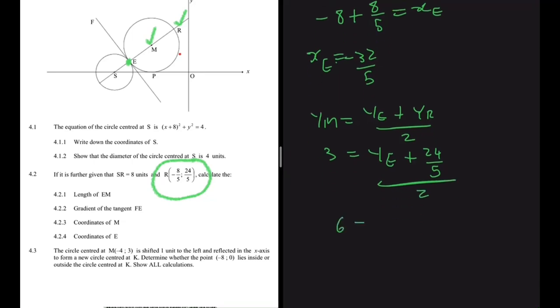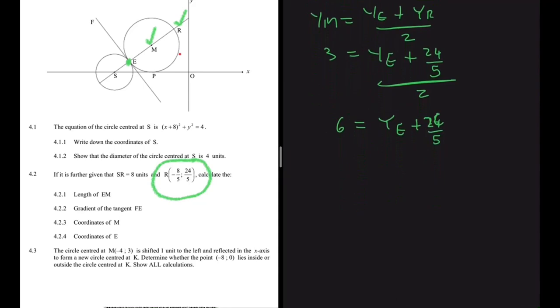You get 6 is equal to y of E plus 24 divided by 5, right? So we have 6 minus 24 divided by 5 is equal to y of E. So what is y of E? If you compute that, you get 6 divided by 5, which makes total sense, right? It's just slightly above 1, because 6 minus 24 divided by 5 should be 1 point something.